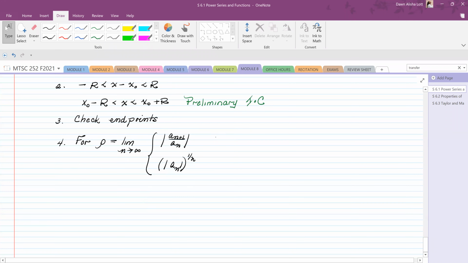So this is the ratio test, and here I've used the root test.